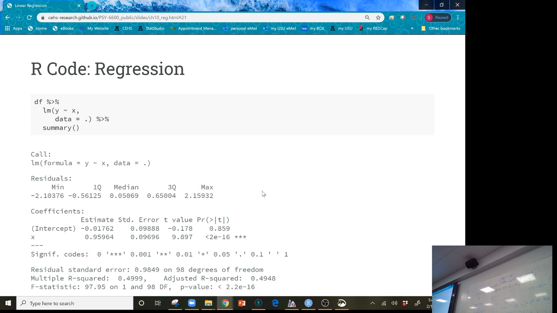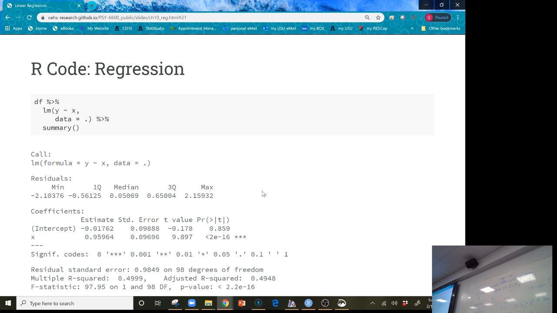So that's important. Okay, this middle chunk here is the last thing. I'm just going to point this out as we are going over time. The intercept, see, it says the word intercept right there. And then it says estimate. So this number right here, this negative 0.017, is the estimated intercept. What symbol do we use for the intercept?